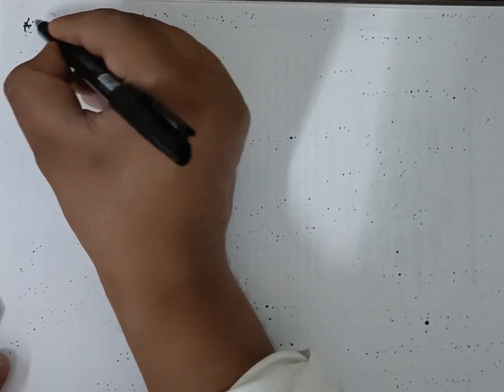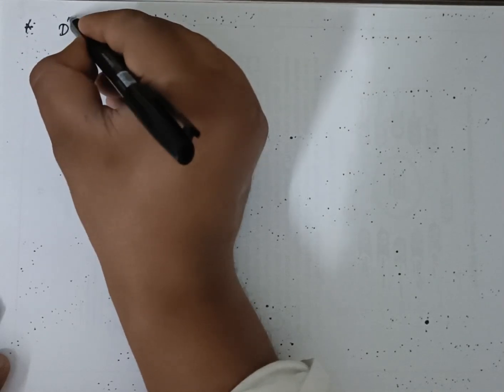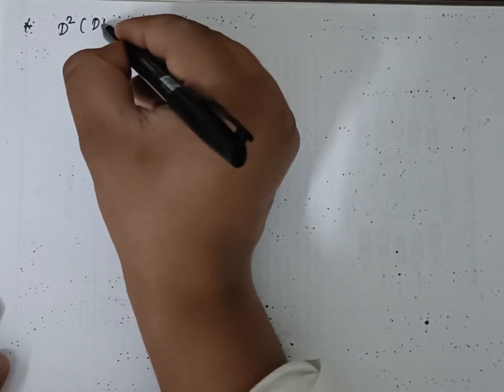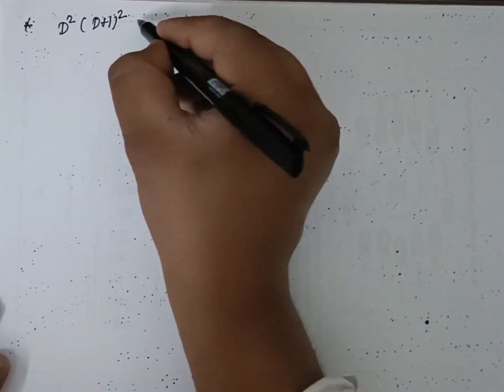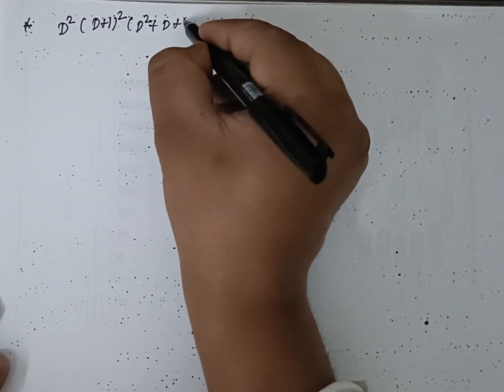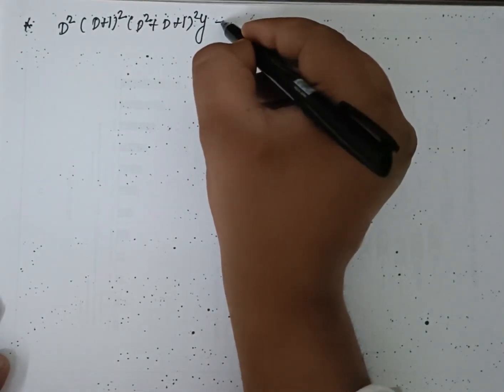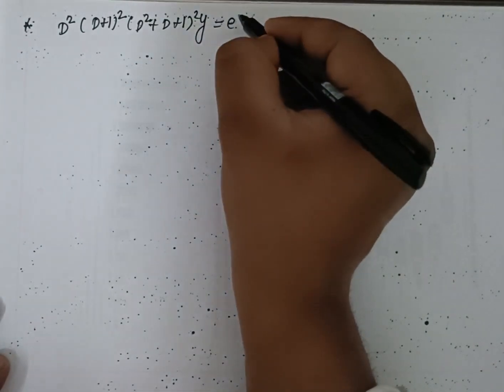Now for example, solve the differential equation D²(D + 1)²(D² + D + 1)² y = e^x.